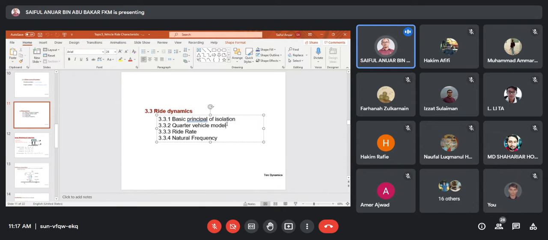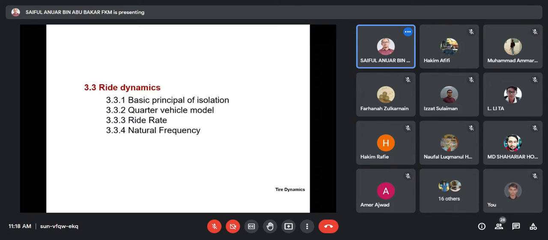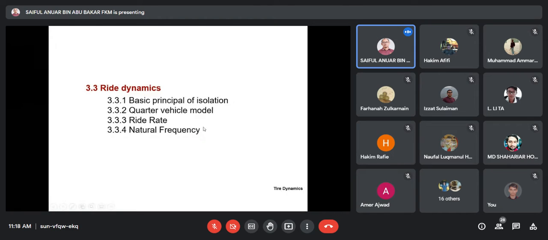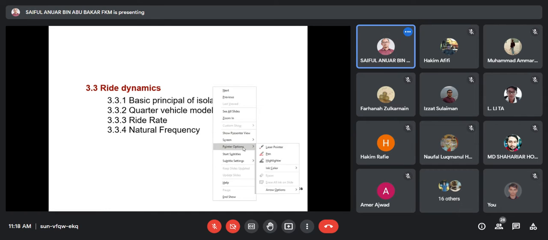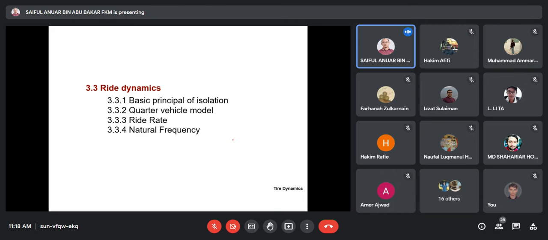In this topic, we not only cover the quarter car model, we're also going to look at the half car model and full car model.